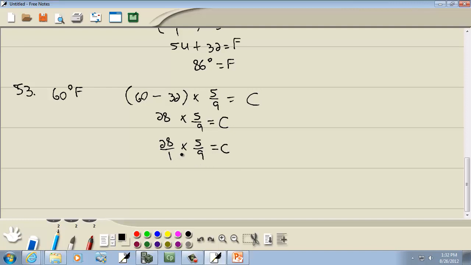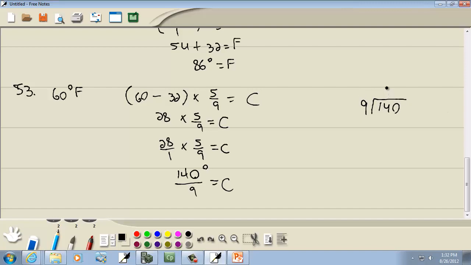Now this one doesn't reduce at all, so I just go ahead and multiply the top parts together. 28 times 5 gives us 140 over 9. So that's our answer in Celsius. If they don't want it in that form, we convert it to a mixed number.